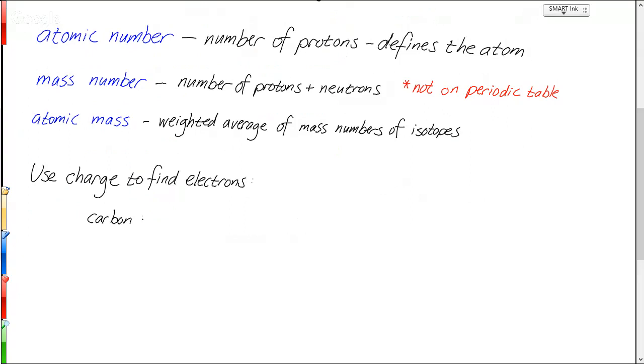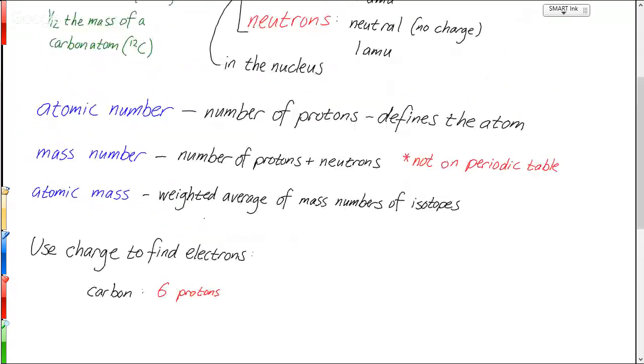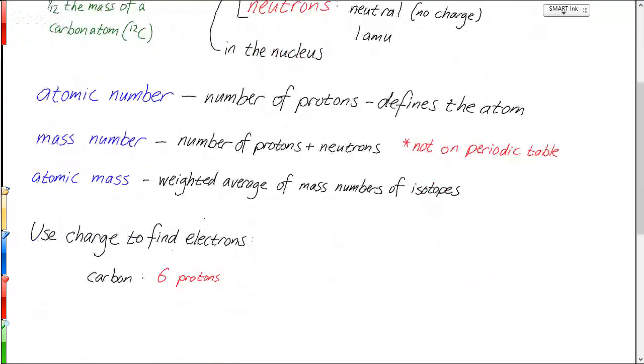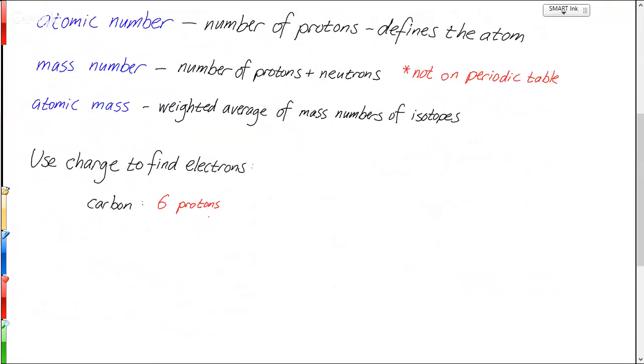A carbon atom has 6 protons. That's what we get from the periodic table. What is the total positive charge of 6 protons? Or the total charge of 6 protons? Well, what's the charge of 1 proton? +1. So what's the charge on 6 protons? +6. Yeah.